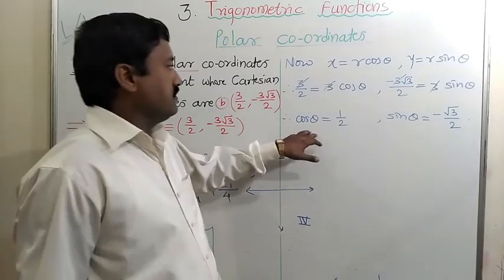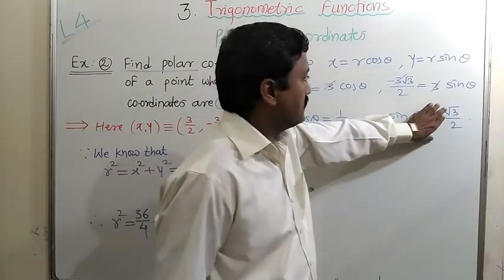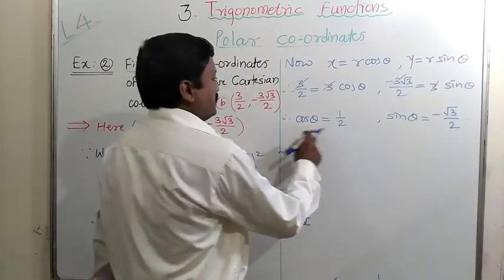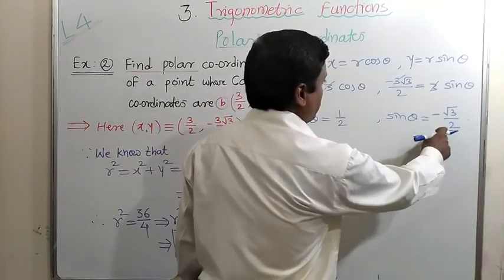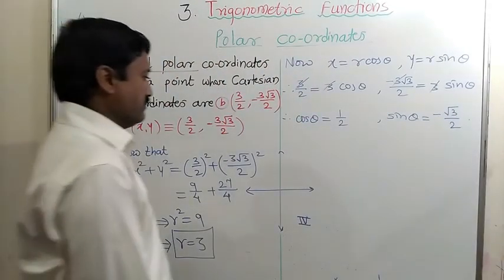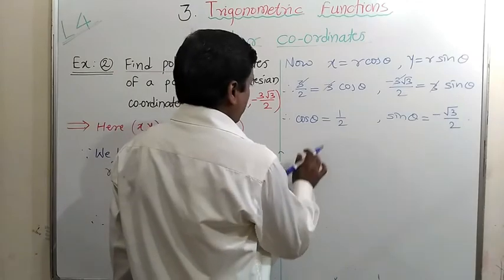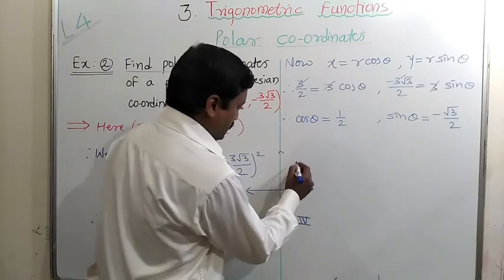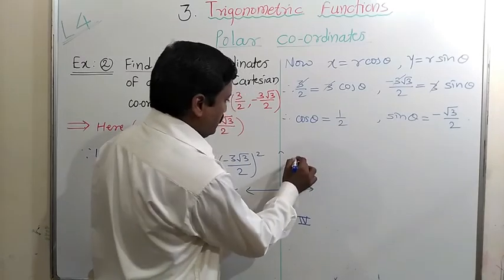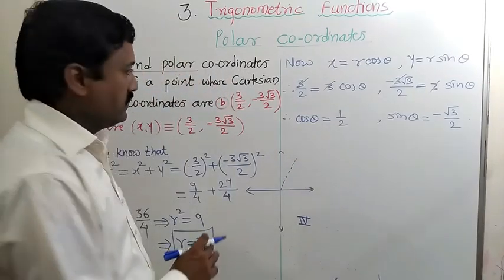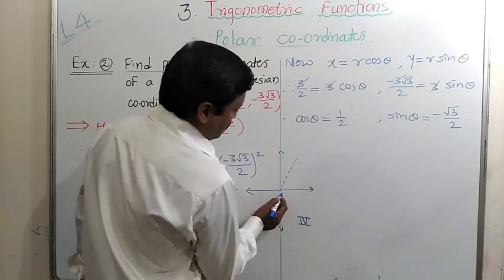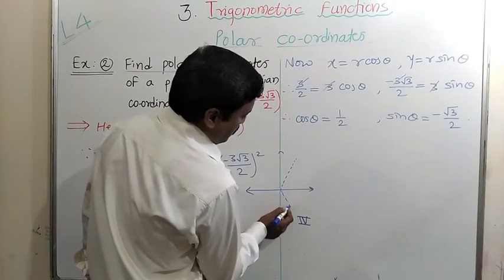Without considering the sign, let us first determine theta. Sin theta is root 3 upon 2 when theta is 60 degrees, and cos 60 is equal to half. If both are positive, the point will be here, but if you take its reflection, it will be here.